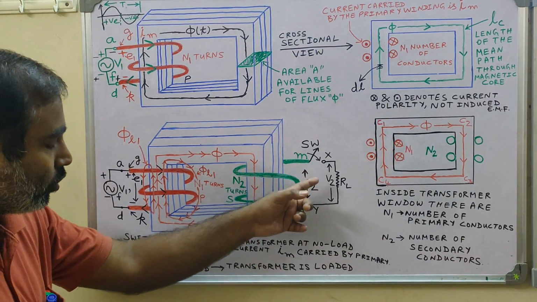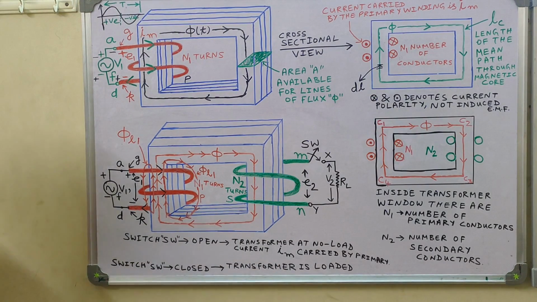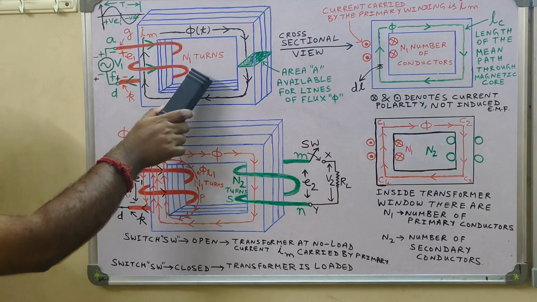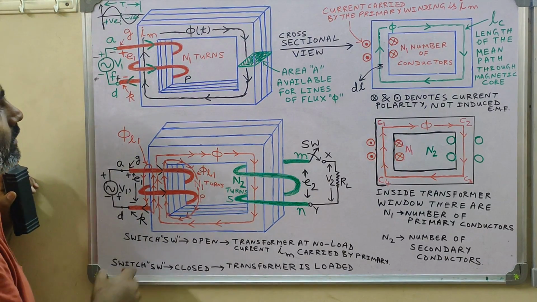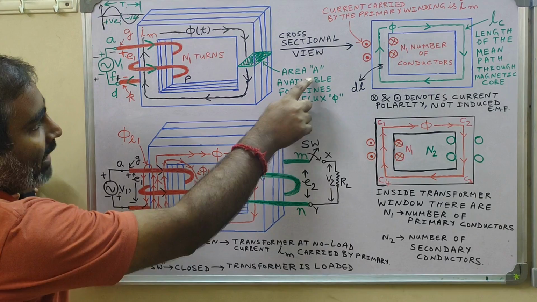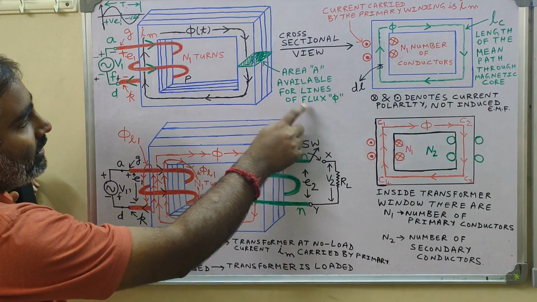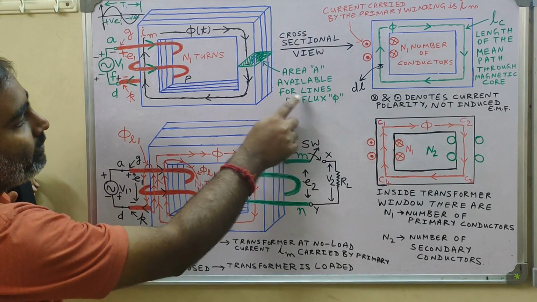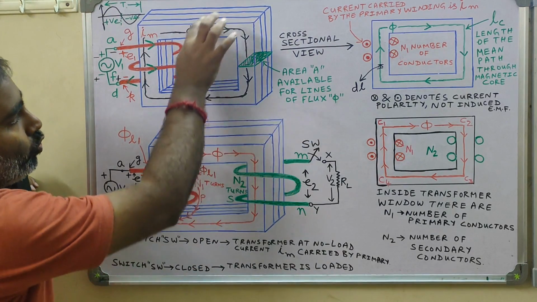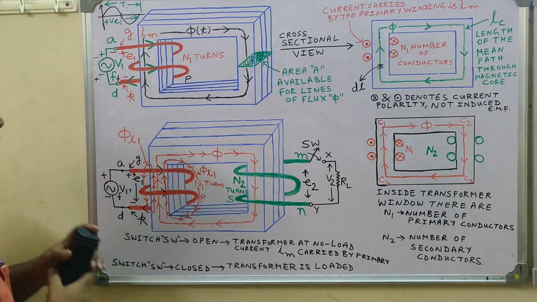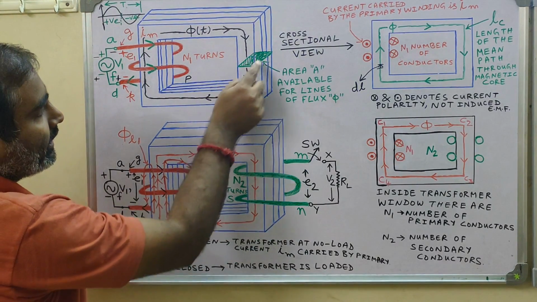Now in this particular diagram, you see that the area capital A which is available for the lines of flux phi to pass is given by this hatched area, which is hatched by this green color.